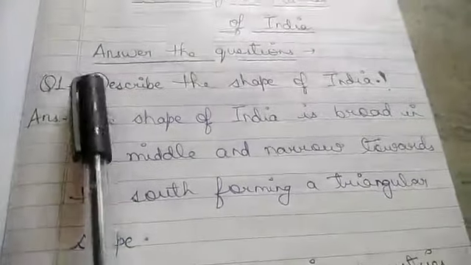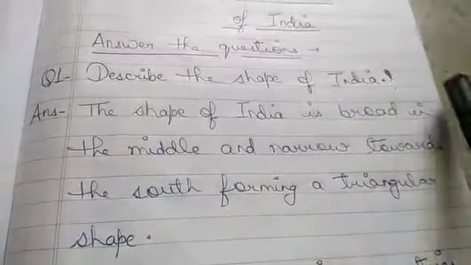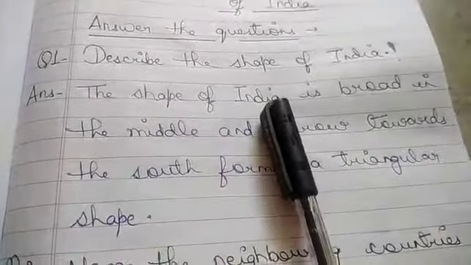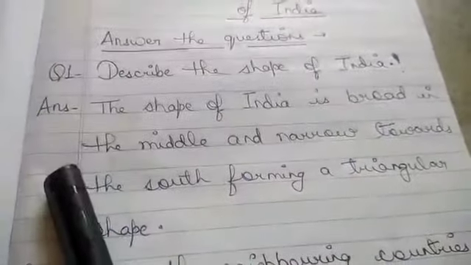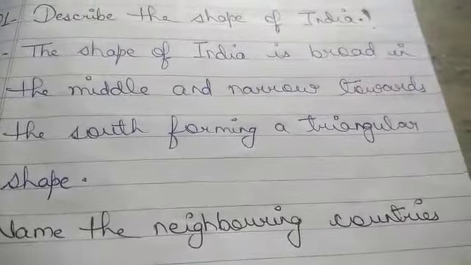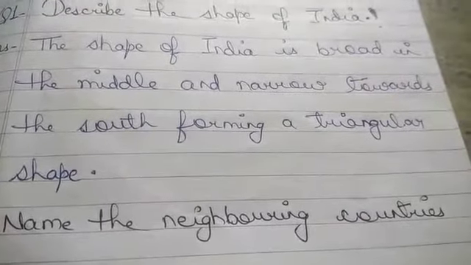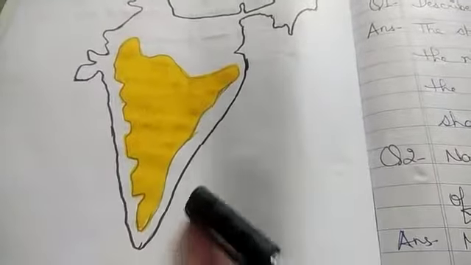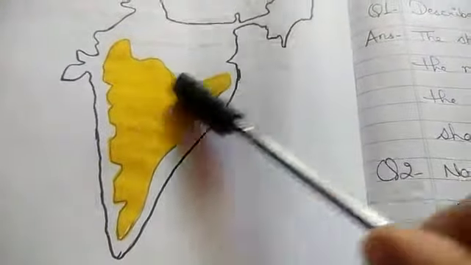Now, describe the shape of India. Question number one: the shape of India is broad in the middle, as I'm showing you, and narrows towards the south, forming a triangular shape.